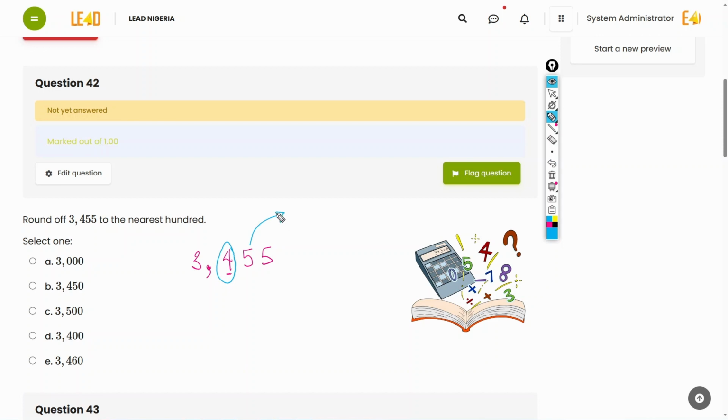So I test the digit next to it. 5 is a strong digit, so I add 1. So I would have 3, 5, and then everything this way changes to what? 0, 0. So it's 3,500, option C.